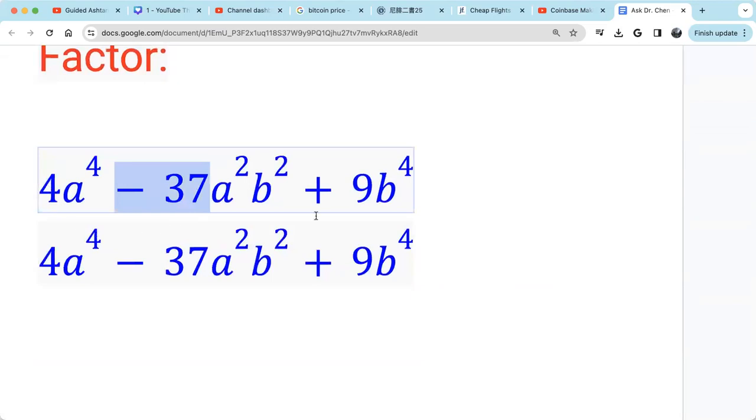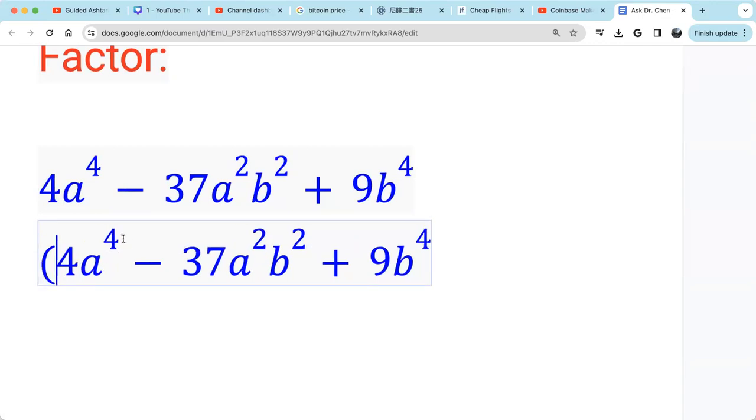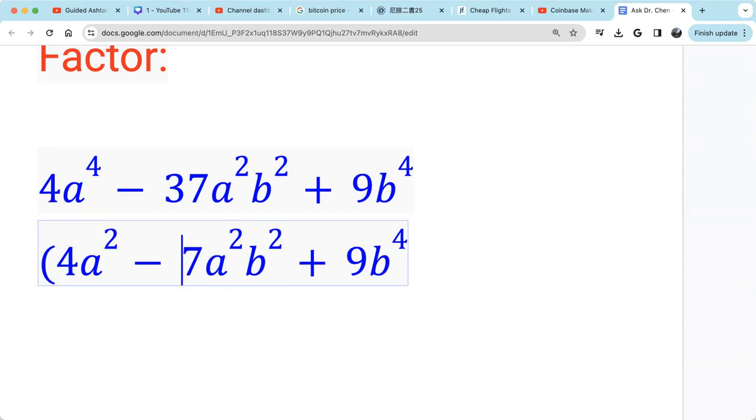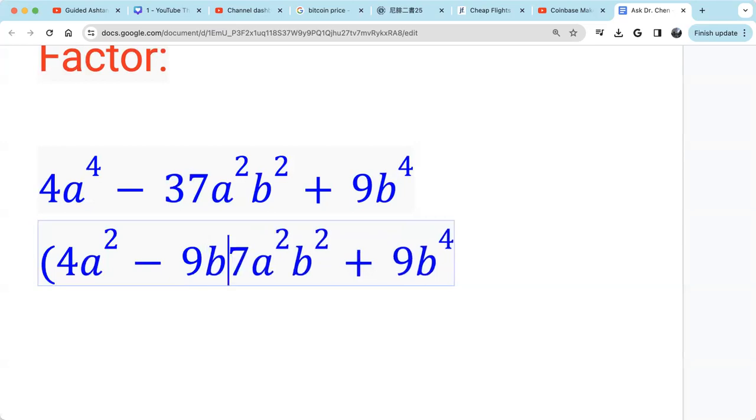We want 4 times 9, because 4 times 9 is 36, then plus 1 gives us 37. But the middle term is negative 37, so we want the two factors of 9 to be negative: negative 1 and negative 9. So I can factor this as 4a squared minus b squared, times a squared minus 9b squared.